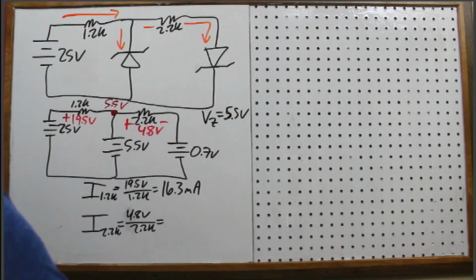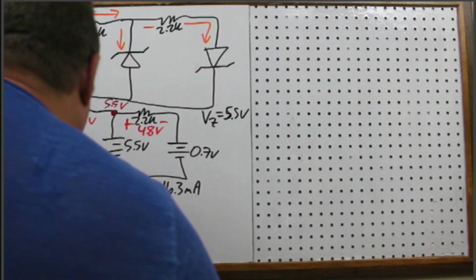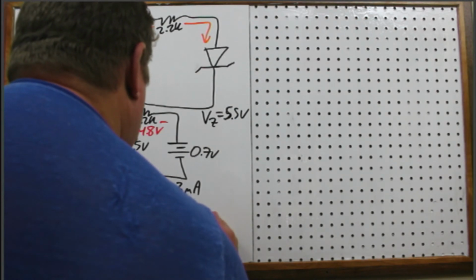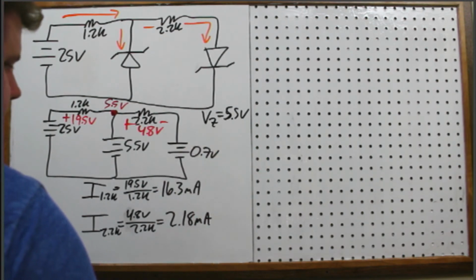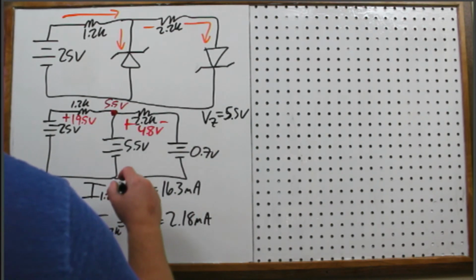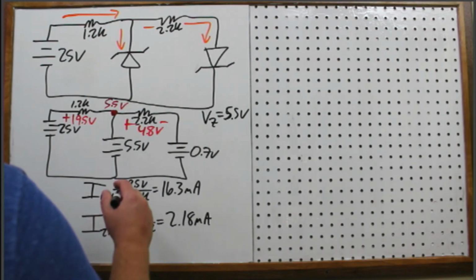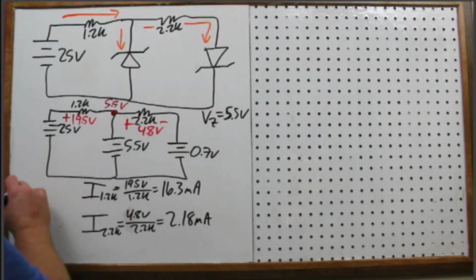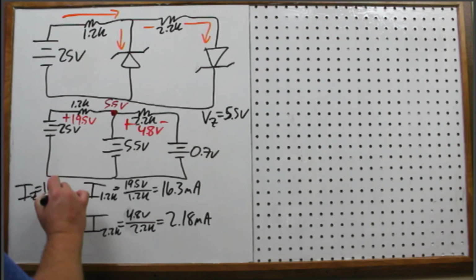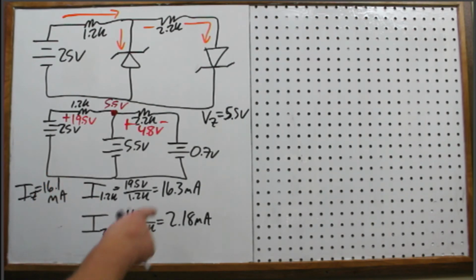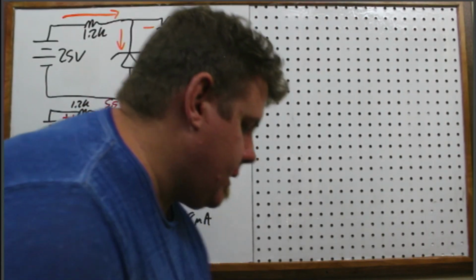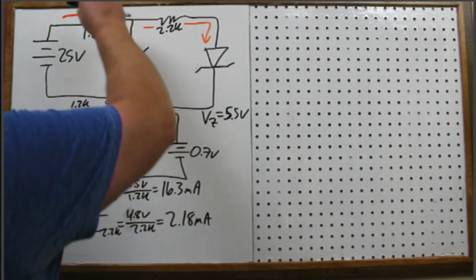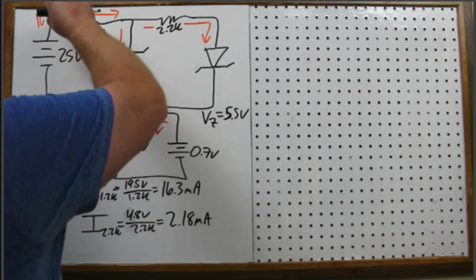The next one, 4.8 divided by 2200, and that gives us 2.18 milliamps, which means 16.1. That's essentially what it is. So the current through the Zener is 16.1 milliamps. And all I did there was take this one minus this one because that's what's coming into the node up here.